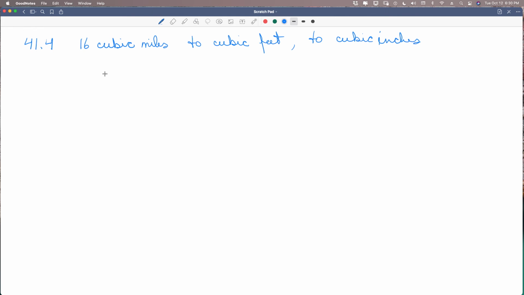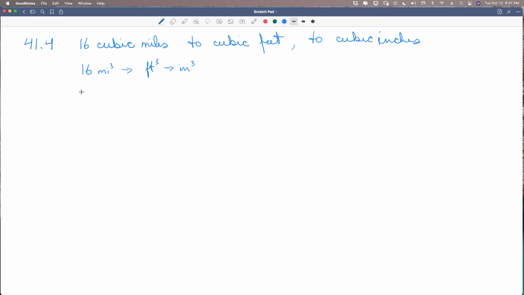So what that means is we want to take 16 miles cubed and take it first to cubic feet, so feet cubed, and then to inches cubed.